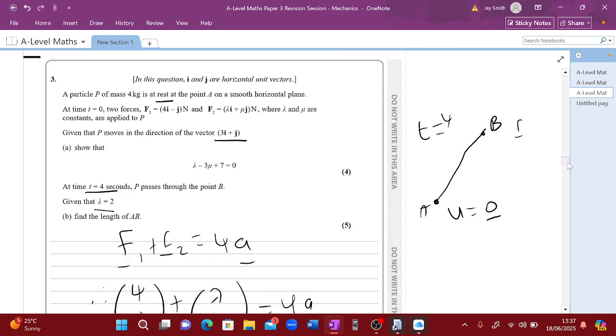Okay, let's go back to this diagram. So now we know that A is (3/2, 1/2), and that'll be constant. So that means if we have a constant acceleration, we can use SUVAT. So let's list what we know between A and B. S, we actually want to work out what S is.